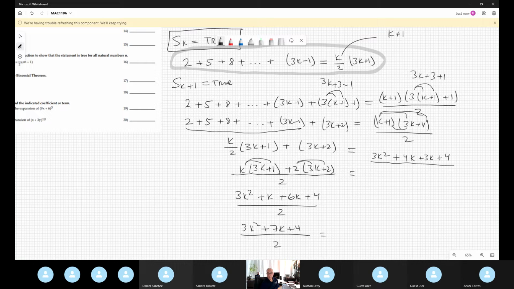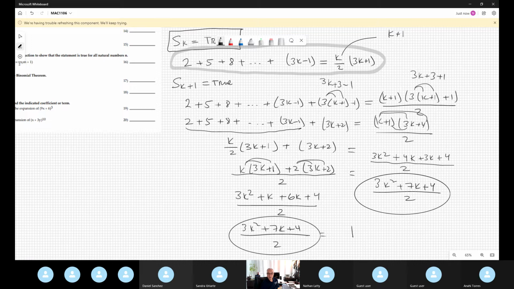Don't forget, divide by 2, that's this 2. And you combine like terms: 3k squared plus 7k plus 4, divided by 2. Wow, at this moment I realize this expression is identical to this. Now I proved it.